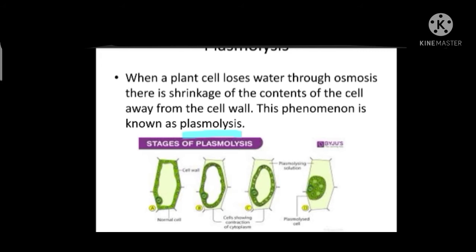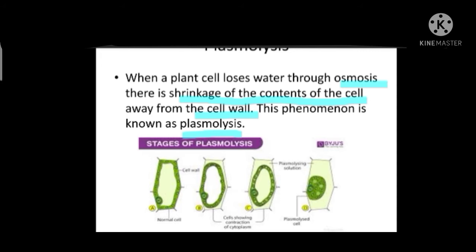Why? You know that always the water will be moving from a region of its higher concentration to a region of its lower concentration, isn't it? So, when a living plant cell loses water through osmosis, there is a shrinkage of the contents of the cell away from the cell wall. This phenomenon is known as plasmolysis.